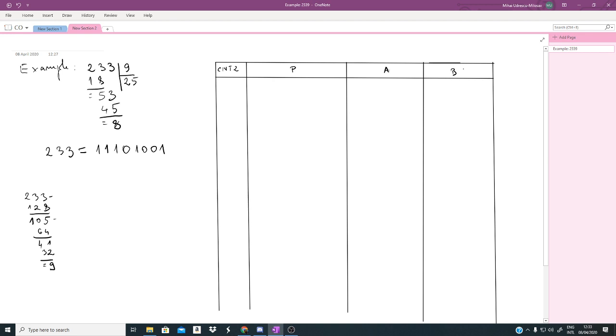Now, in register A, B, I'm going to put 9. It's on 8 bits. Okay. Here is 233, which is 1, 1, 1, 0, 1, 0, 0, 1, right? In red, here I have 0, 0. In the register P, I have 10 zeros.